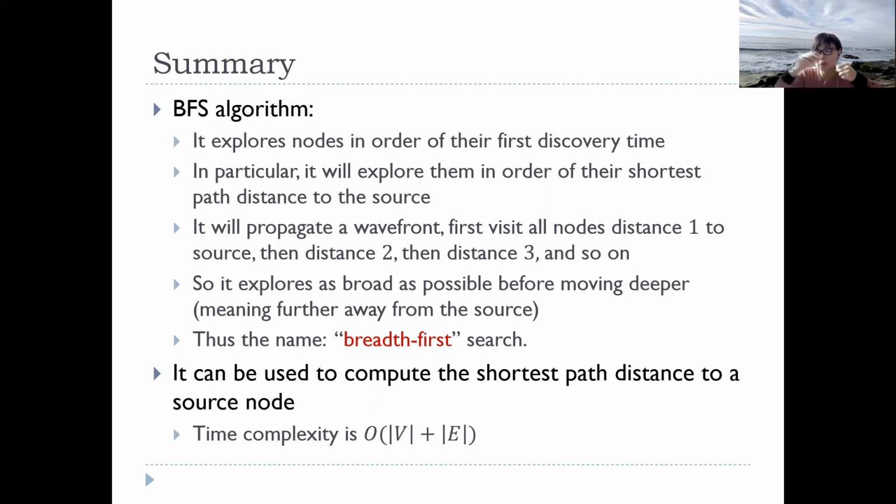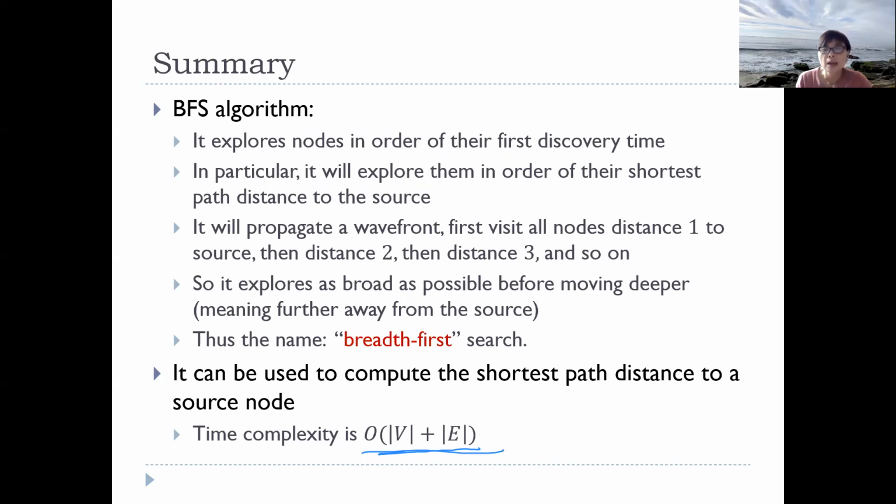We check all the edges when we explore. For every node, we explore all the outgoing edges going out from it. So in the end, we touch every edge exactly once for a directed graph and exactly twice for an undirected graph. It takes time proportional to the size of the graph, which is the number of vertices plus the number of edges, V plus E.